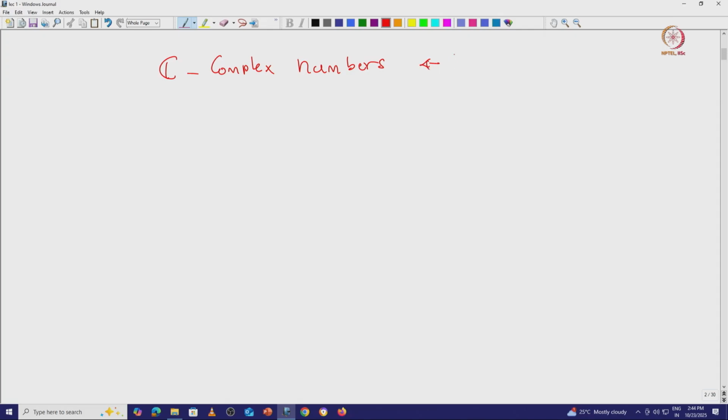So, this is our base field, which means all vector spaces are defined over complex numbers. Mostly we will focus on finite dimensional representations, so all vector spaces will be assumed to be finite dimensional unless otherwise stated.